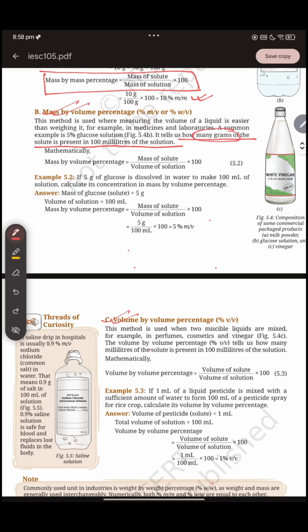Gram is a unit of mass, of the solute, and 100 milliliter is a volume term of the solution. So this is the formula: mass of solute by volume of solution into 100.